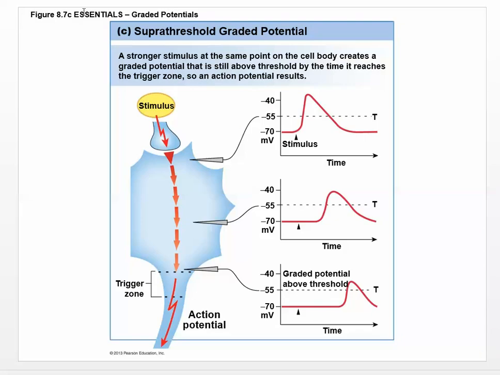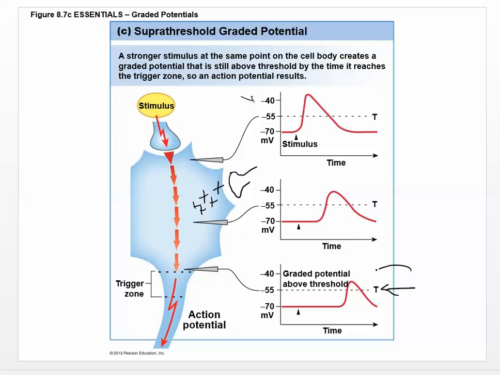Okay? Now, but what happens if it does? What happens if the signal is big enough, or maybe there are a couple of neurons coming in depolarizing it? What if somehow the signal is big enough, a huge stimulus in the beginning up here, and in the middle it's still fading, but then when it gets to the trigger zone, it's still above threshold.